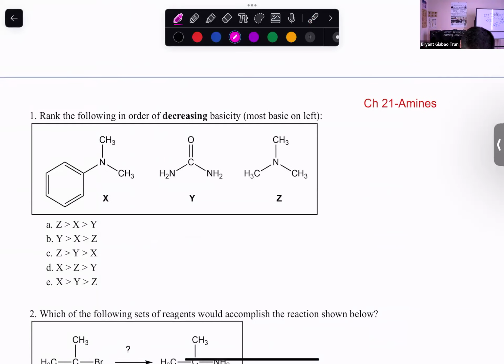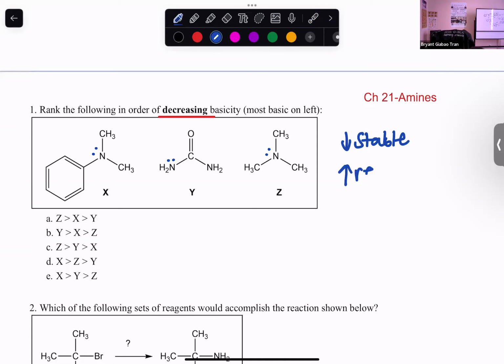So when they are asking for the decreasing basicity, the most basic on the left, what I think about is the pair of electrons. So I'm going to compare the pair of electrons on these nitrogen atoms here. Right. The less stable the pair of electrons, the more reactive they are, meaning the more basic they are.